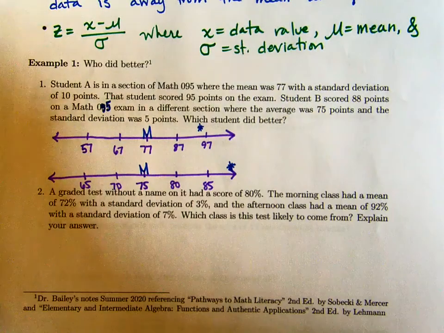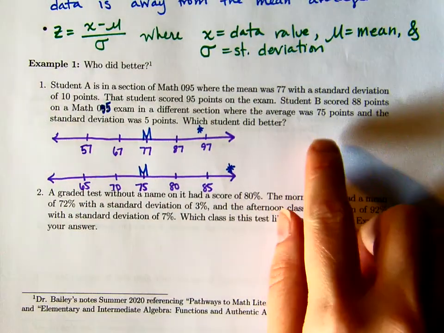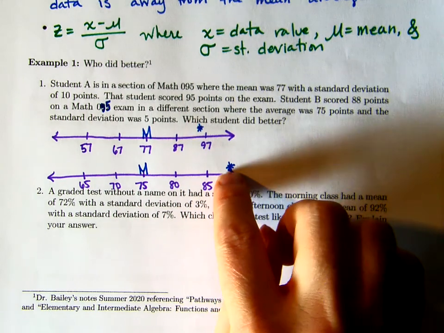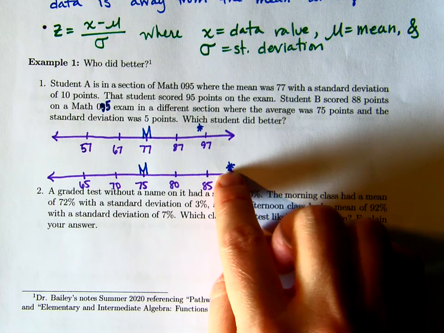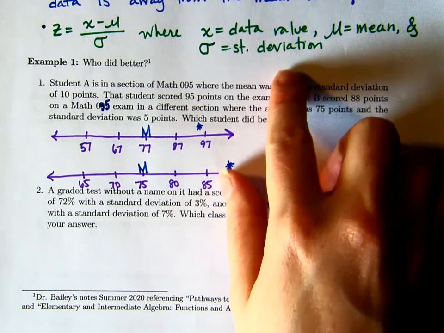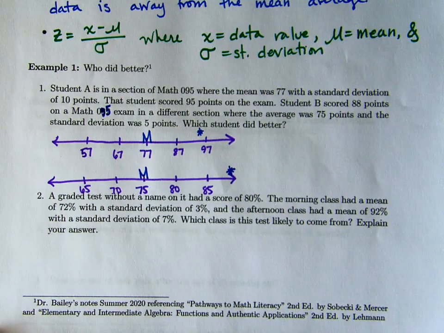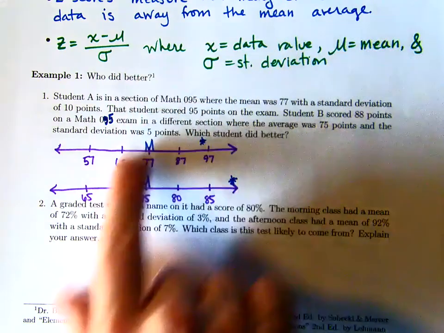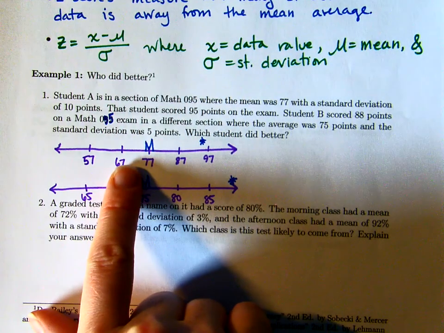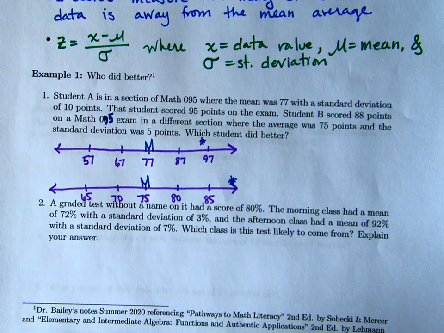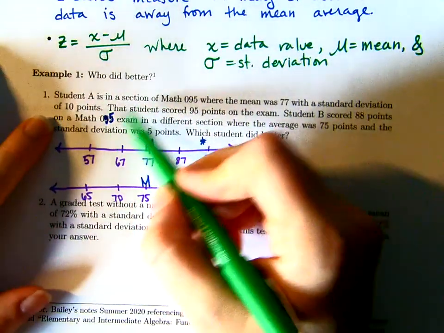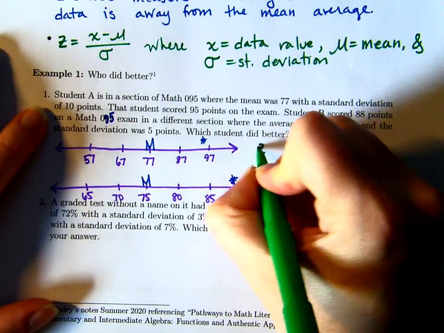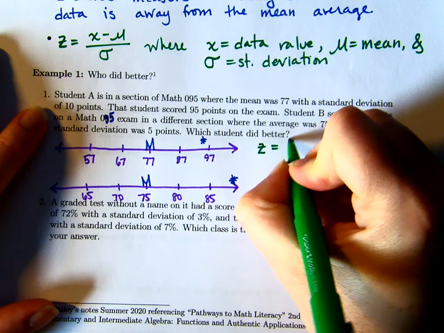Now, a lot of people would just be like, you know what you could have done? Instead of making this kind of a scale, just measure how many deviations they were away. And that's what we have right here for a formula. So this first student in this first class, well, let's see, they scored a 95.